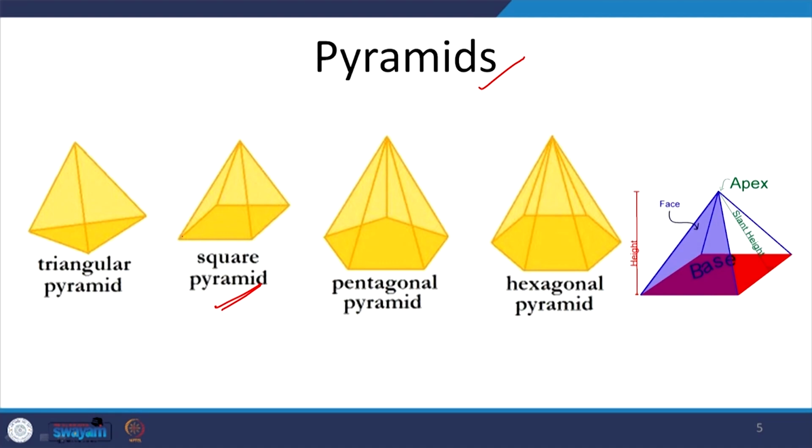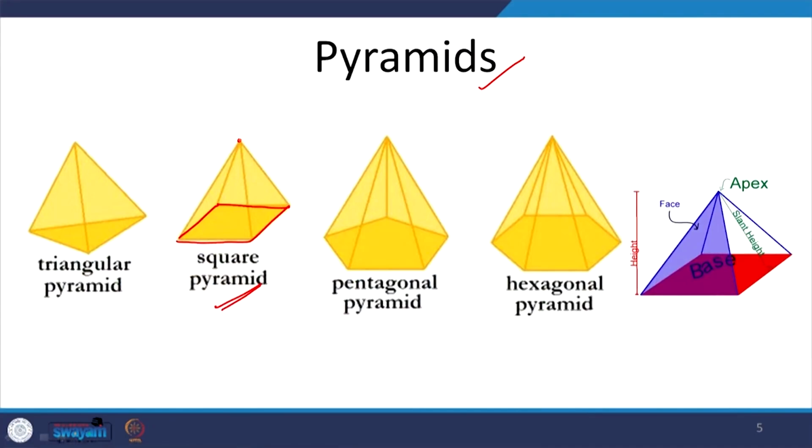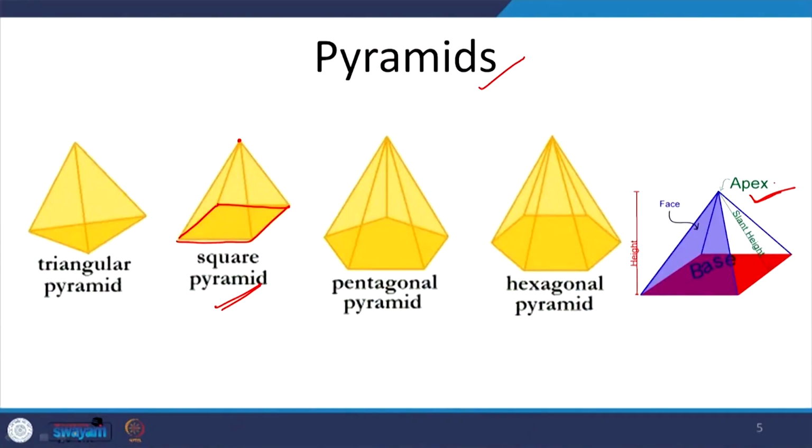So they have a square base, and then they have a top, a single point, which is called the apex. So instead of the faces remaining rectangular, if the faces become triangular and meet in one single point called apex, the shape which emerges is called a pyramid.